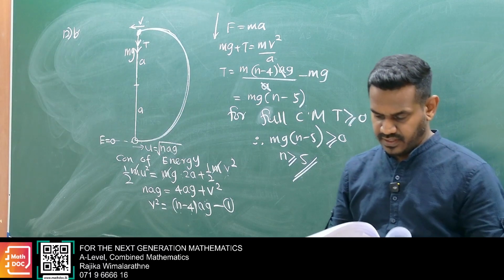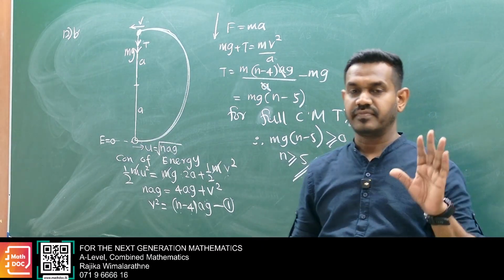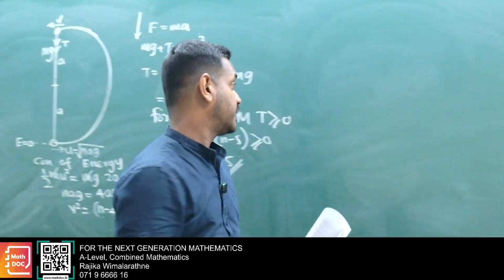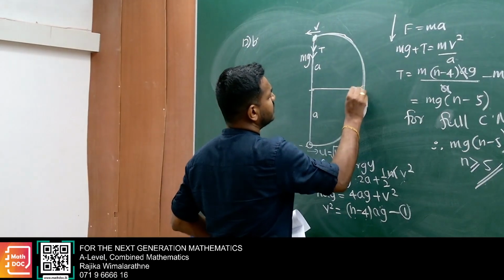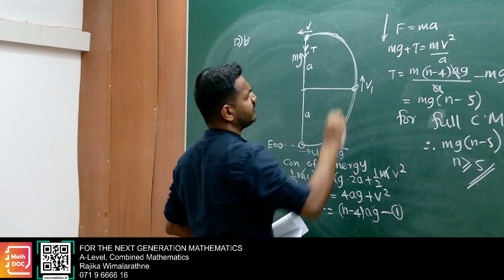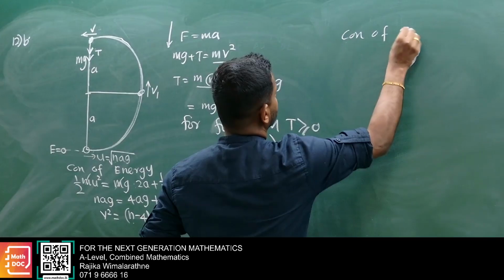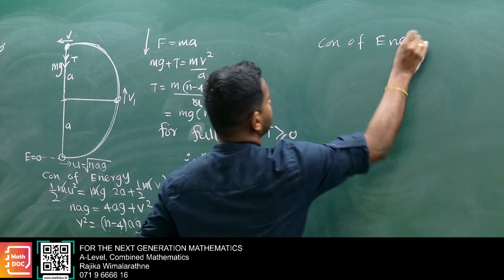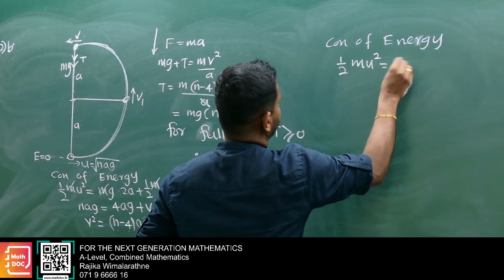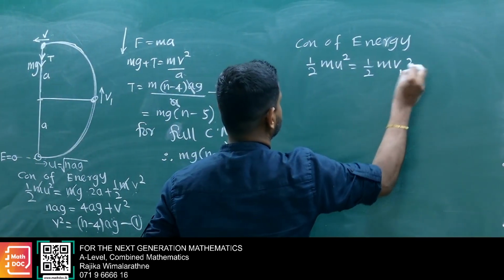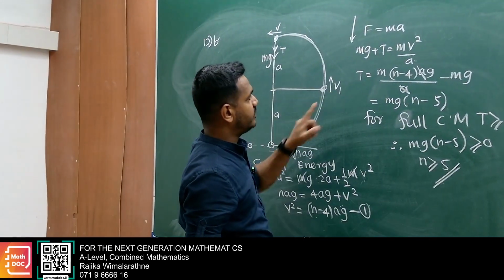Okay. Now next case, when it comes to the horizontal position, it collides with another particle. Now let's do it this way. When it comes to the horizontal position, take the velocity v1. Then by conservation of energy, half m u squared equals half m v1 squared plus m g a. Here the potential energy is m g a, and the velocity is v1 now.